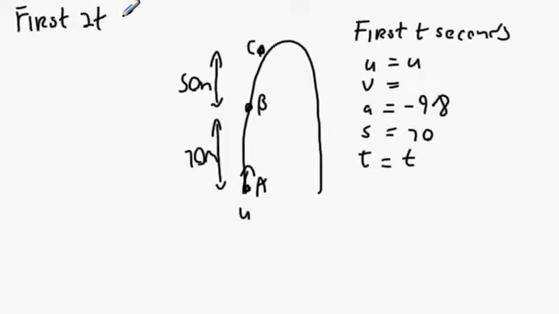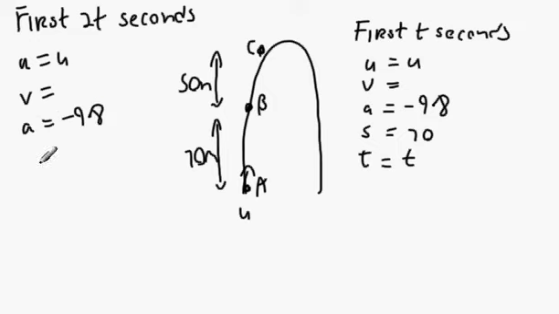What we get for the first 2t seconds is u still equals u. V equals I don't know what. A is still minus 9.8. S is now 120. T equals 2t.